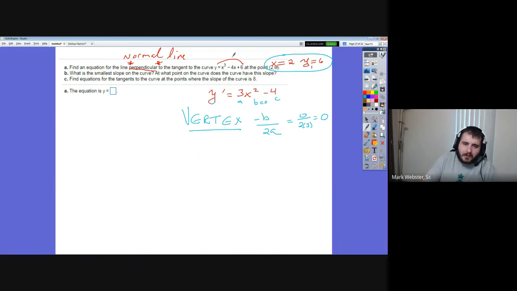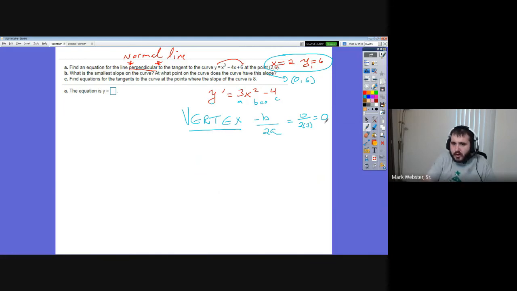And now I can go back to the original function and say, well, this happens at the point (0, 6). That's the second part. And then what is the smallest slope? Well, what if we plug 0 in?